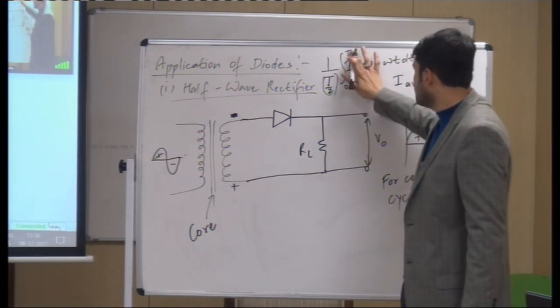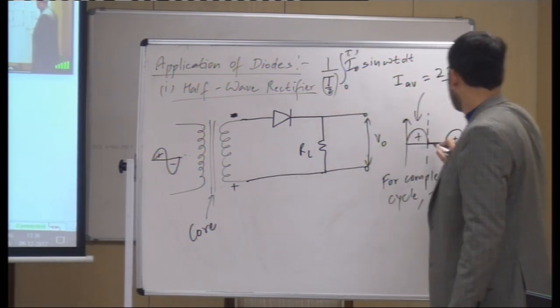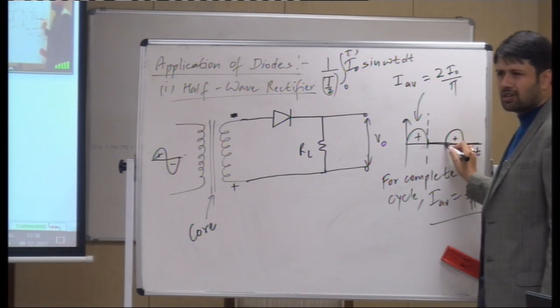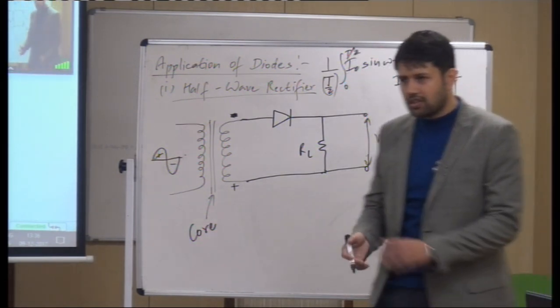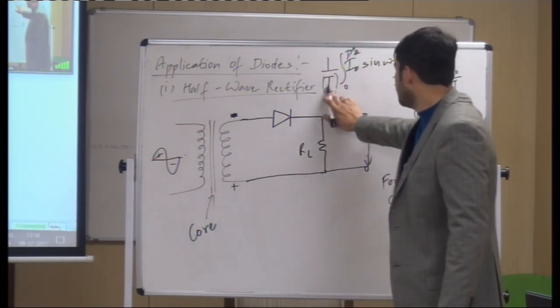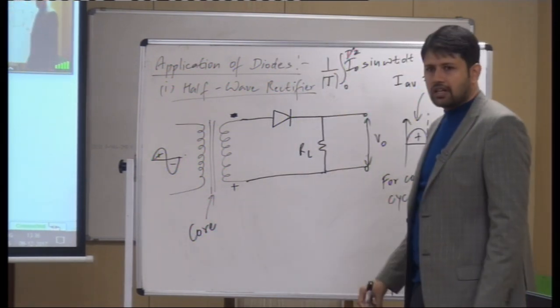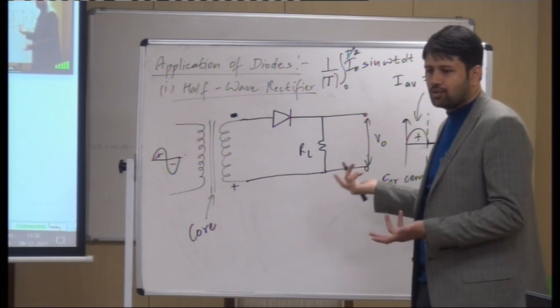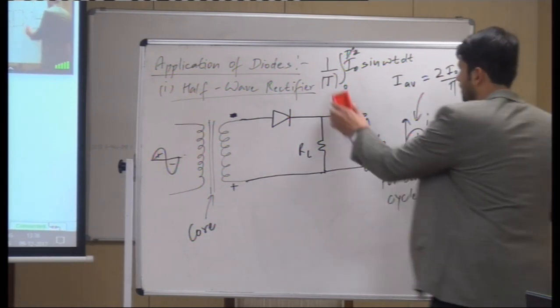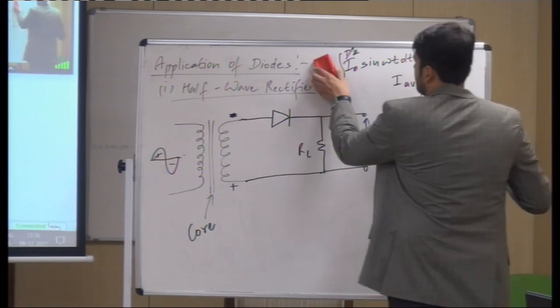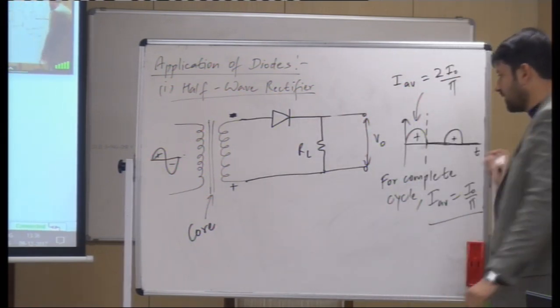Here the integration would be 0 to T, but this second half portion contributes nothing. So actually it has to be integrated till 0 to T by 2 only. But the time here would be the full time period. So a factor of 2 is removed from the numerator, right? That's why the average current is this.